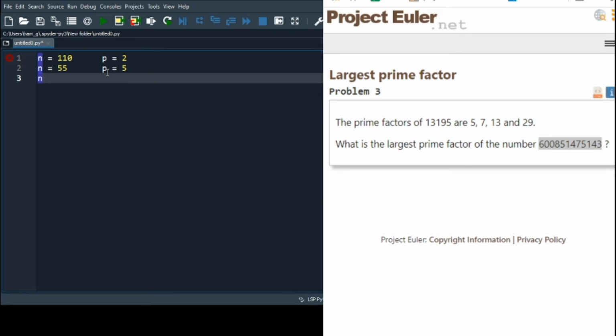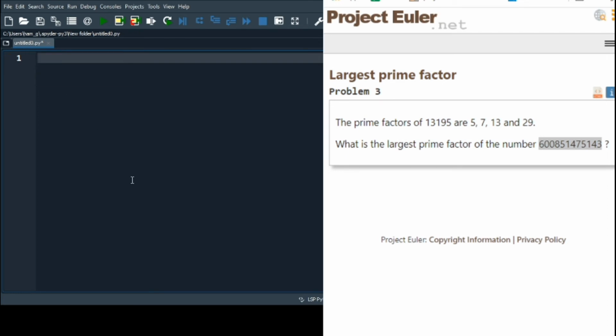Divide n by 5, we get 11. And then p increments through 6, 7, 8, 9, and 10, and finally comes to 11. And there we are. So we know now that the lowest prime factor of 110 is 11. It's much nicer, isn't it? And it's much nicer code as well.